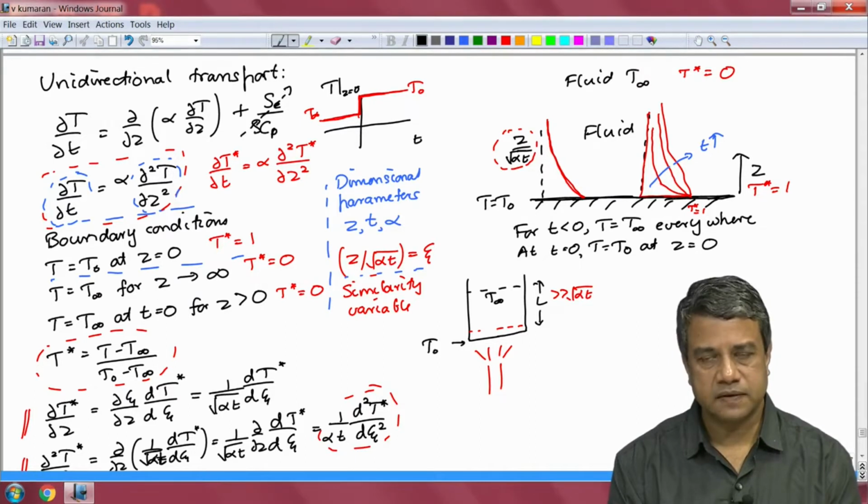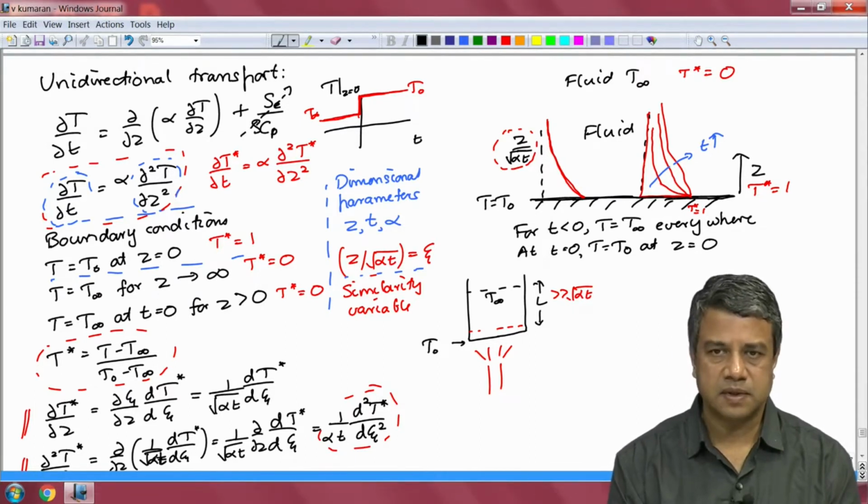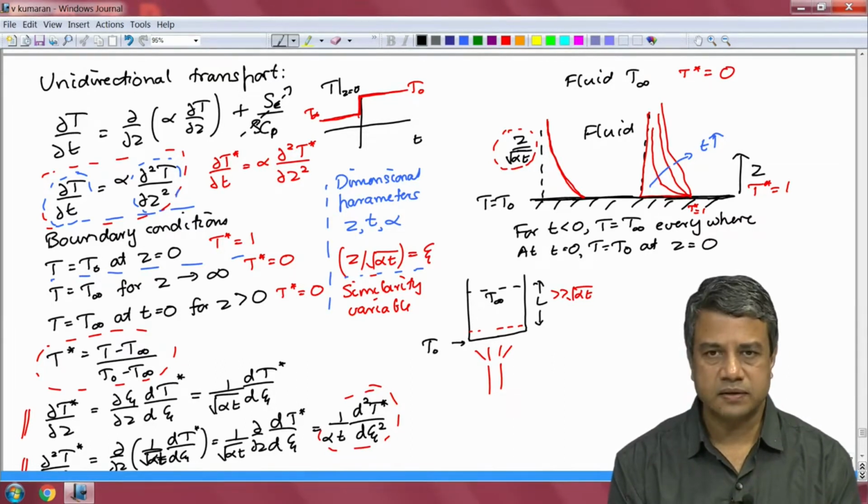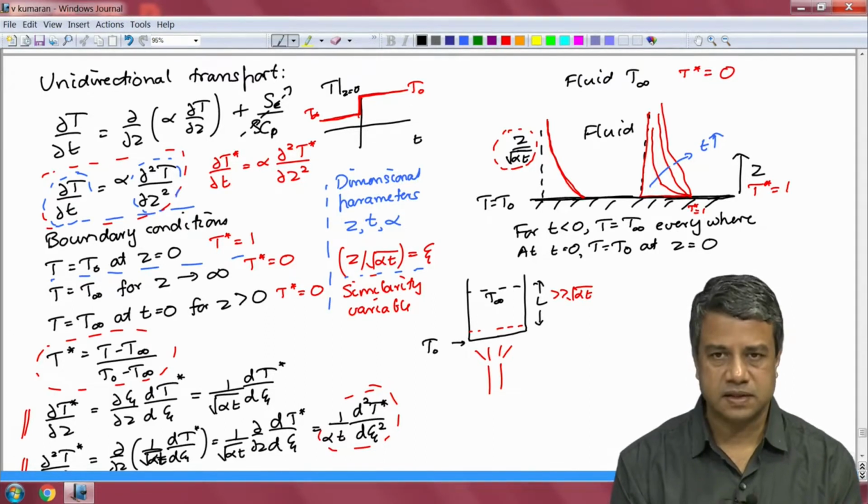The fluid and the surface are initially at the same temperature T infinity, and at time t is equal to 0 the temperature of the surface was increased instantaneously to T0.